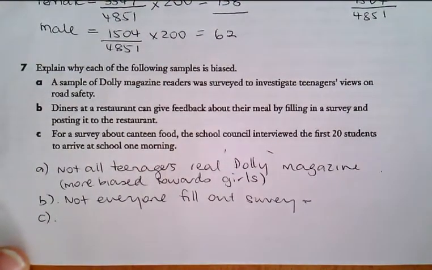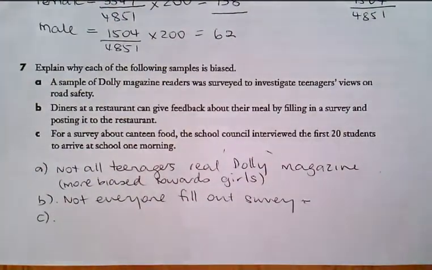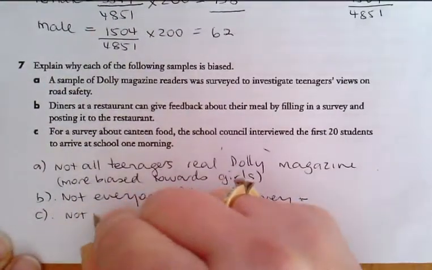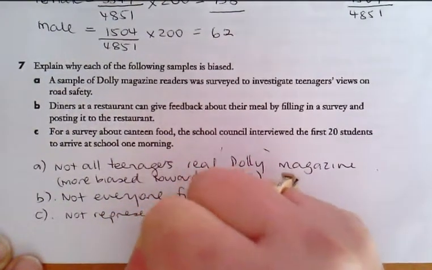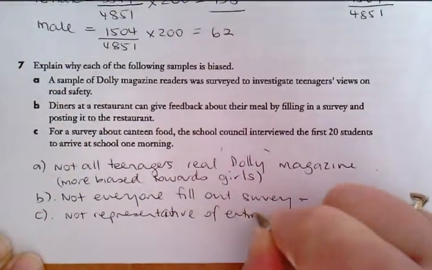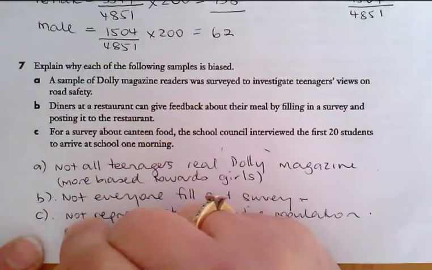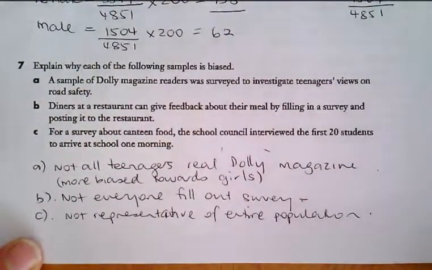And part C, for a survey about canteen food, the school council interviewed the first 20 students to arrive at school one morning. This is not representative of the entire population. It only has students that arrive early. It's also just the first 20.